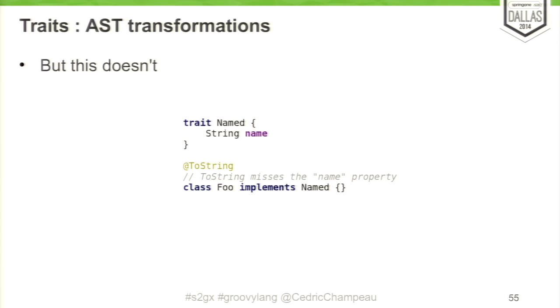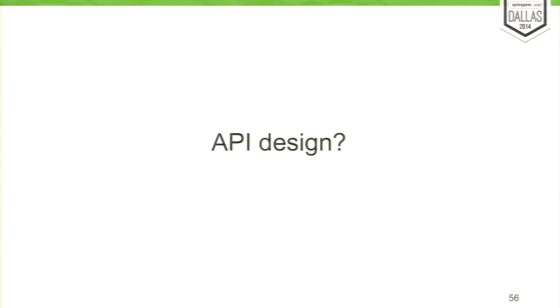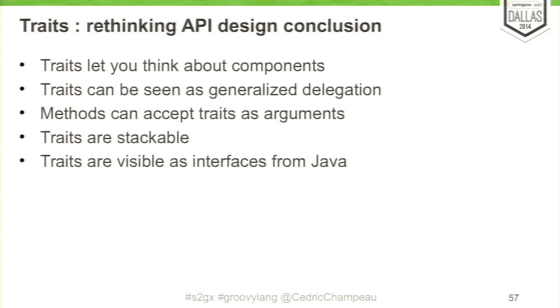Okay, so I have 10 minutes left just before the questions. A few remarks. The talk was about rethinking API design. I think what traits let you do is really think about components, those bricks of behavior.